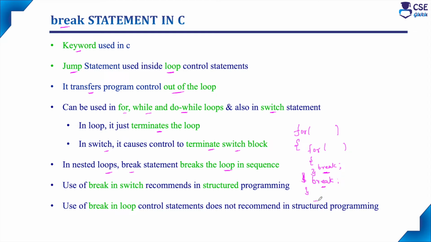Suppose one more outer loop is there, then that will terminate after. That is, it will terminate the loops in order, in sequence. The inner loops are terminated first, and then it proceeds to the outer loop. So that is the purpose of the break statement in nested loops.